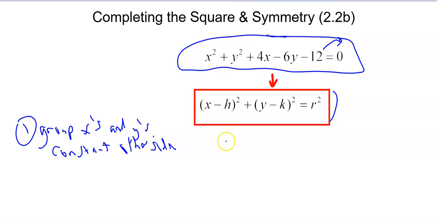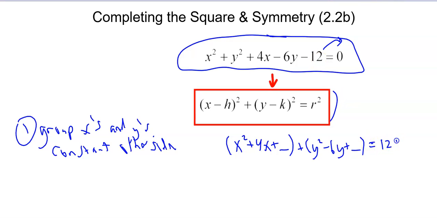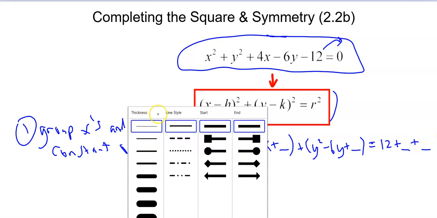So x squared plus 4x plus blank, plus y squared minus 6y plus blank, equals, if I add 12 to both sides, 12 plus blank plus blank. So I've got to figure out what I'm going to add to this side.